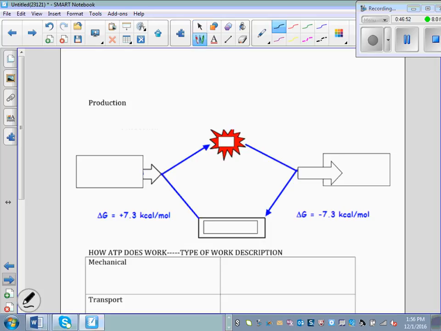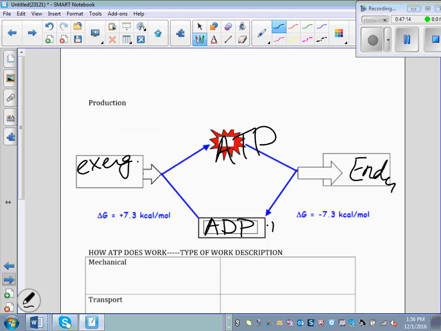So, this is my exergonic reaction. My exergonic reaction does what? Releases energy. This powers my endergonic reaction, which powers the ADP plus a phosphate.